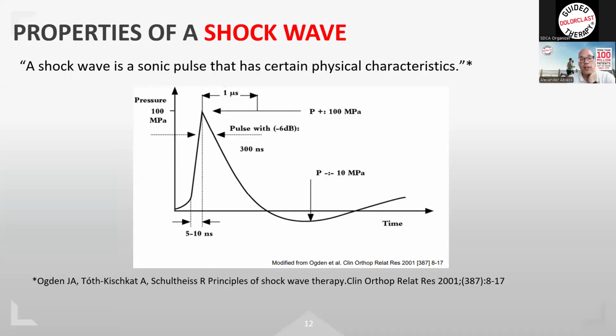If you have a look at the picture, you can see we need a high rise of pressure up to 100 megapascal in a very short time, because then it is followed by a negative phase. We call it the tensile phase, which goes into the negative area, up to 1/10 of the maximum pressure we can deliver in the tissue.